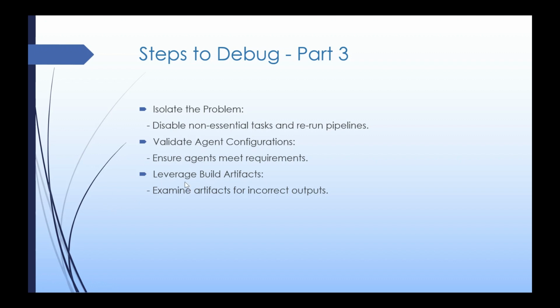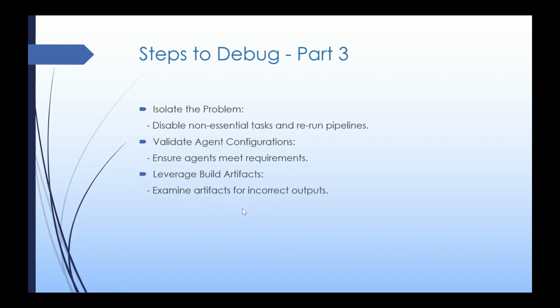Okay, leverage build artifacts. Make sure you are checking that the artifacts are built correctly. Suppose you built one .NET application. Once you have built and published the artifact, make sure you are checking that it is built correctly and all the DLL files are present there or not, before deploying that to your real environment, so that you won't get many types of issues.